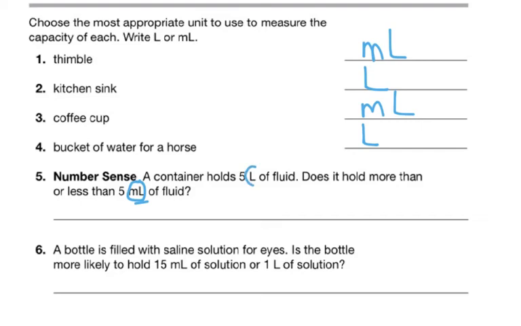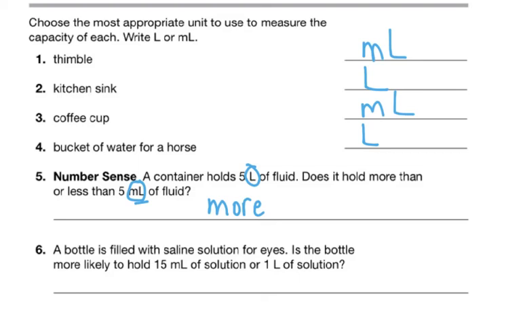And if you have 5 liters, we know that is kind of a lot. So the container would be holding more. I'm just going to write more for that answer instead of a long, complete sentence. But the container holds more than 5 milliliters.